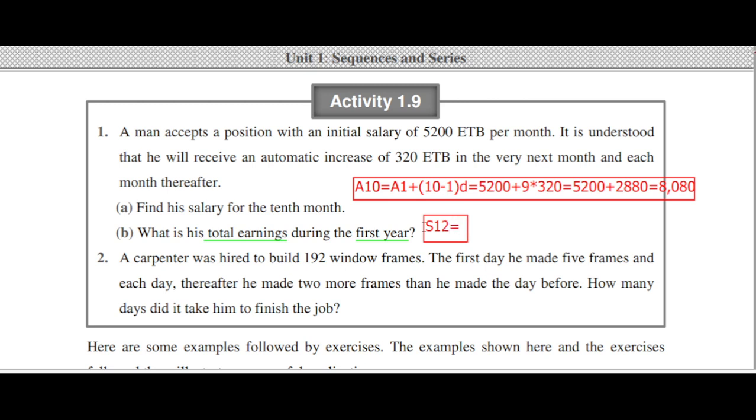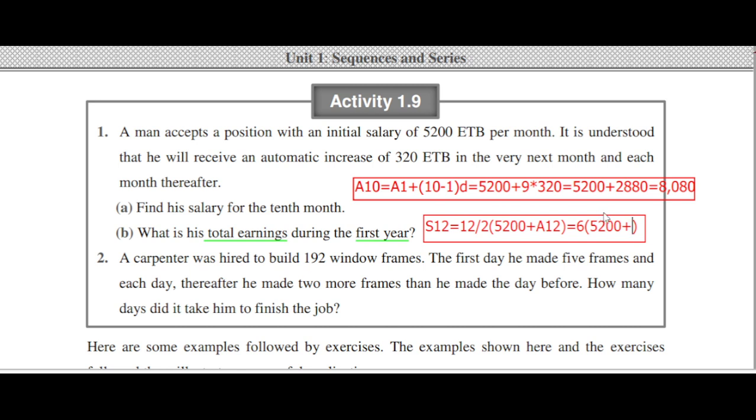S12 is equal to 12 over 2 times A1, the first term, 5,200 plus A12.